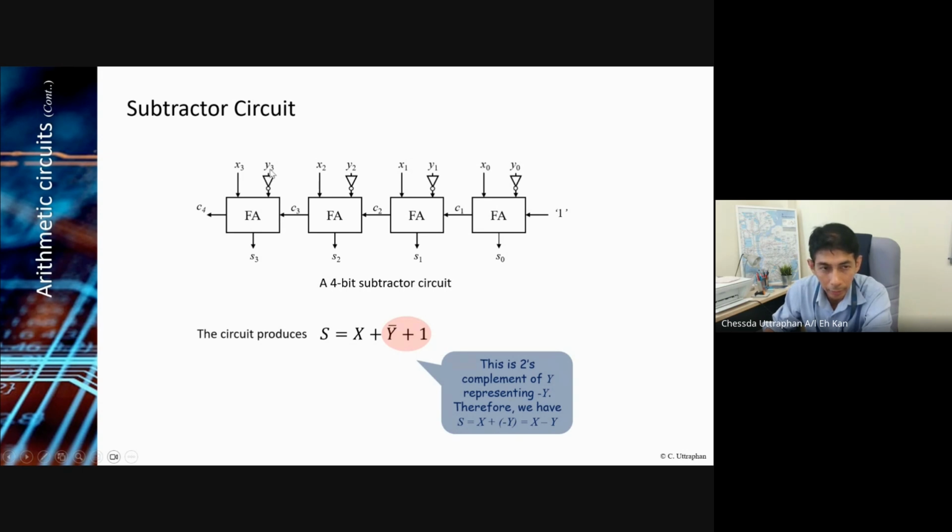Because you can see the Y here is always inverted. So this is a subtractor. This is not good or not practical.